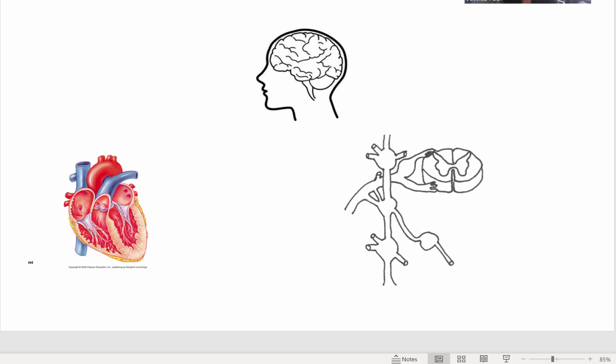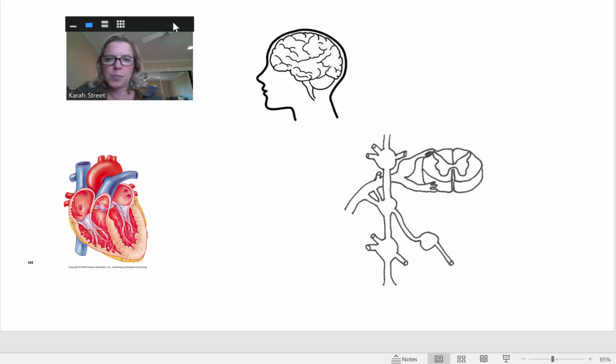Sympathetic. It would be sympathetic, correct. All right, so just to pull from our lecture unit 2 material when we learned about baroreceptors, I'll remind you that baroreceptors are found in the aortic arch and in the carotid sinus. They are modified nerve endings. They send sensory afferent signals up to the brain.